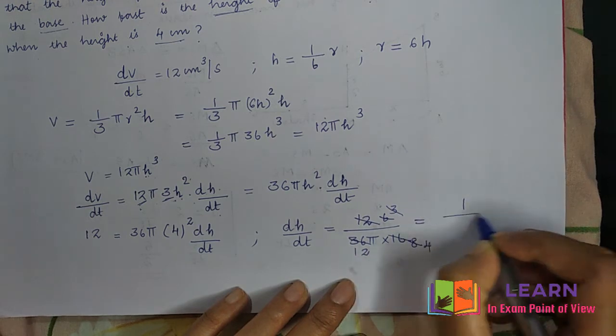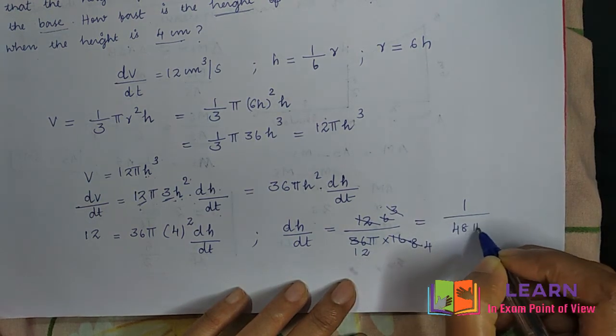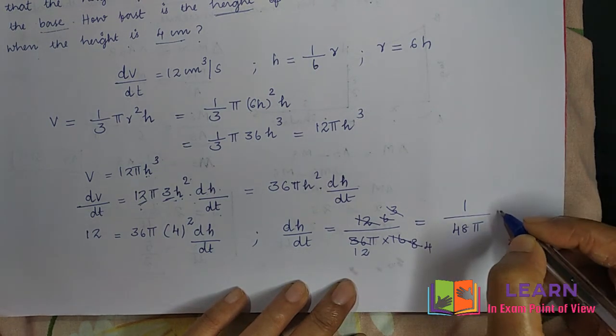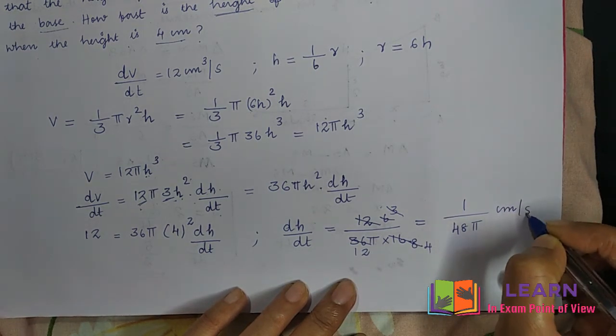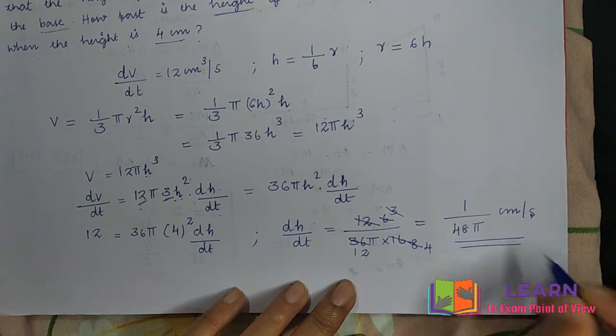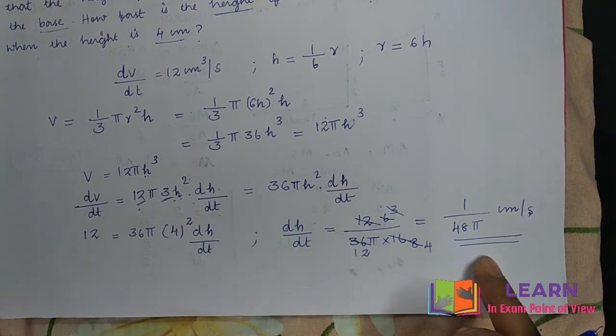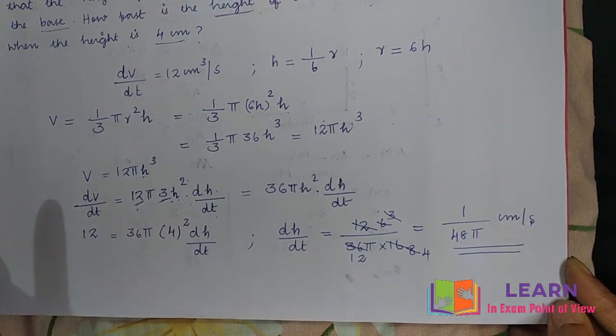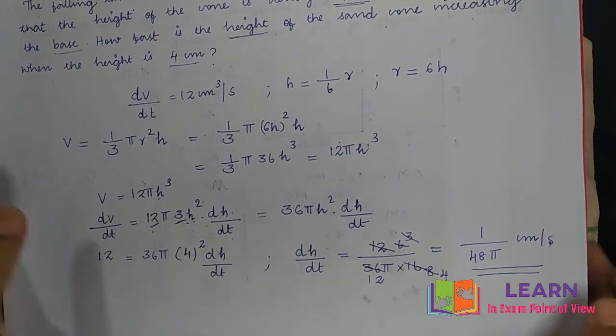So we will get 1 by 48 pi centimeter per second. This is the rate at which the height of the cone is increasing when the height is 4 centimeter. Okay, so this is the answer.